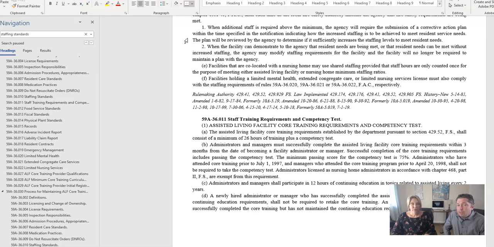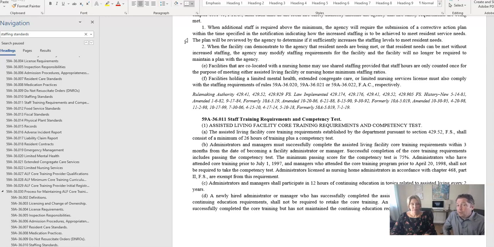Number 2, when the facility can demonstrate to the agency that resident needs are being met, or can be met without increased staffing, the agency may modify staffing requirements for the facility, and the facility will no longer be required to maintain a plan with the agency. So you would do that by changing the type of residence that you have, for example, right?